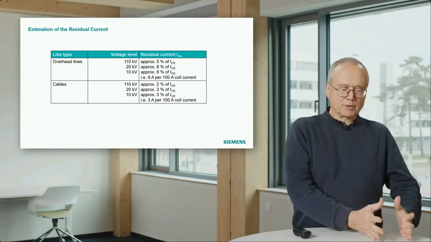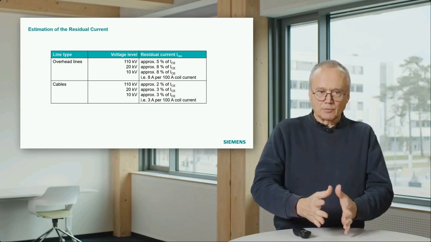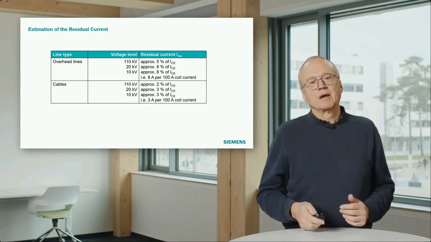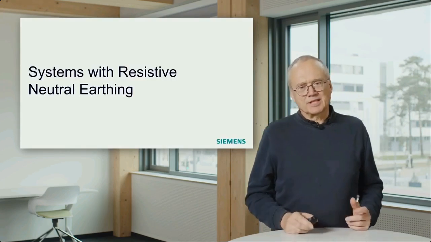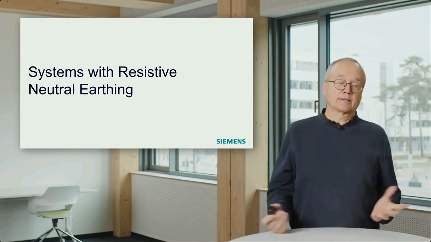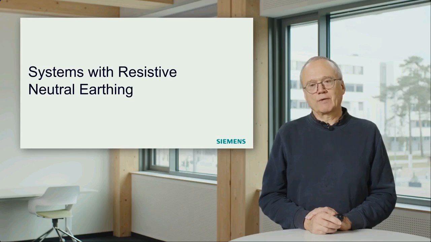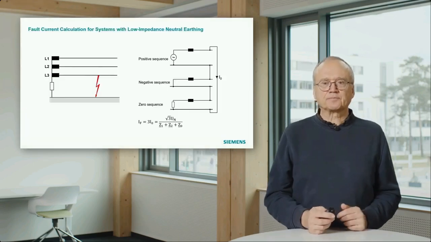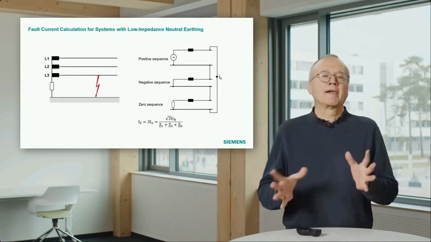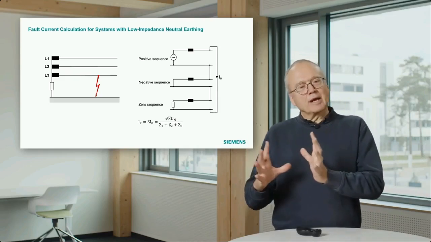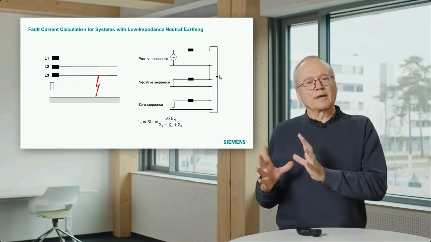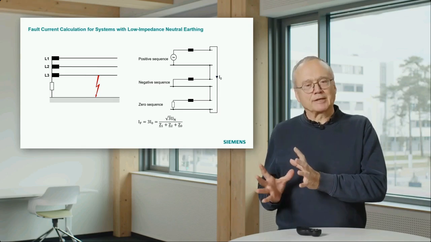So that was system with isolated neutral, systems with earth fault compensation. What you also sometimes find, especially in medium voltage systems, is earthing via a resistor. That is shown here. Then we are back in the world where the star point is effectively grounded.